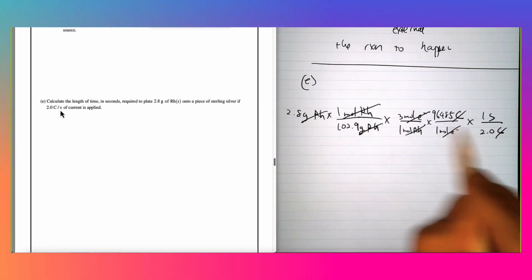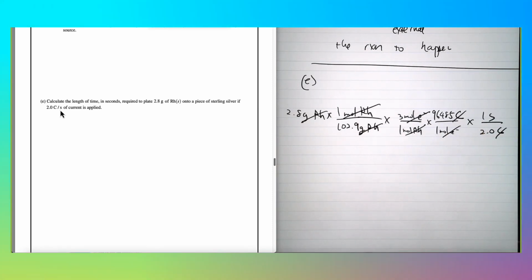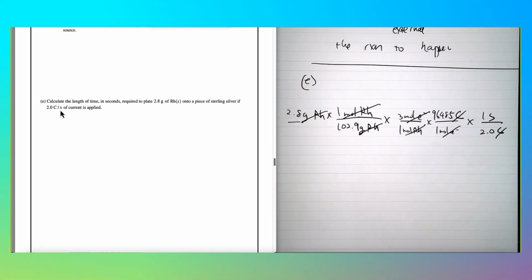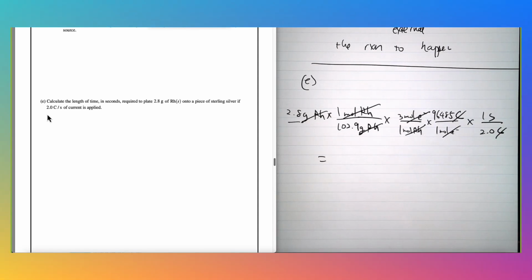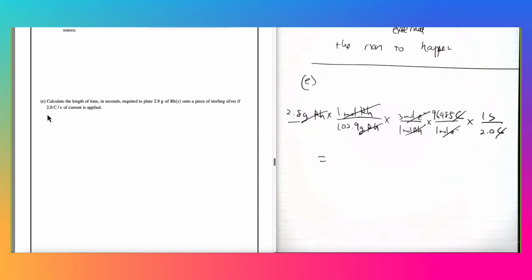We're multiplying throughout, so the least number of sig figs will dictate the final answer. I see 2 sig figs throughout, so you need to keep 2 sig figs. So 2.8 divided by 102.9 times 3 times 96,485 divided by 2. When you put all these numbers in, you get 3938.